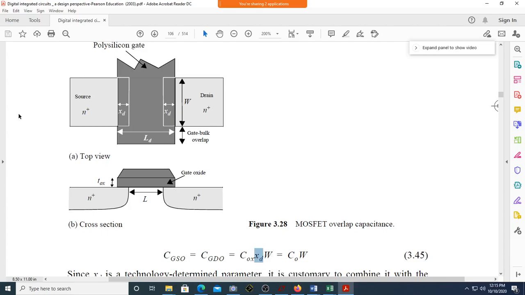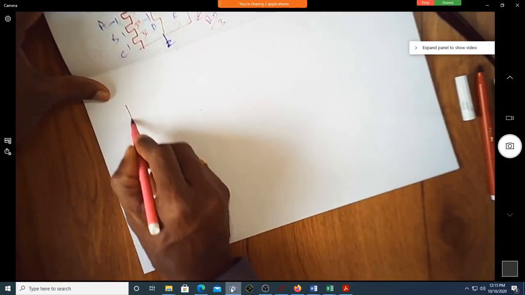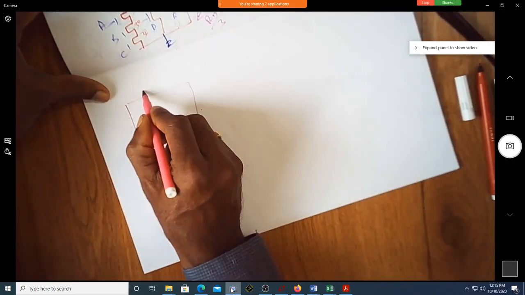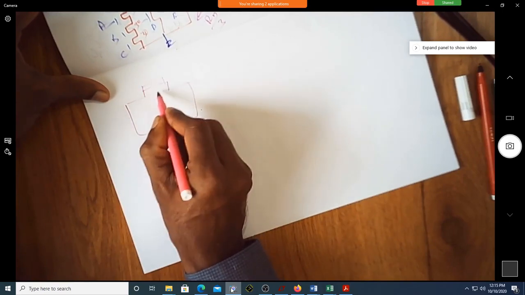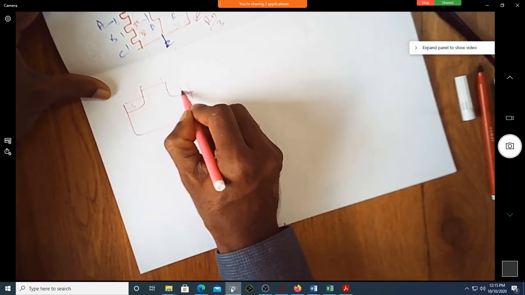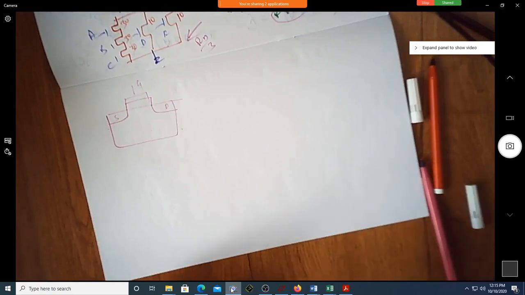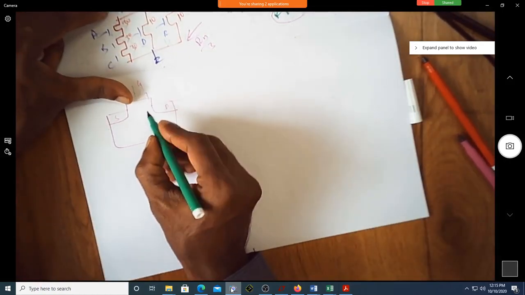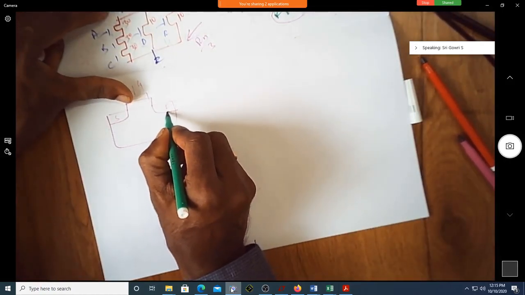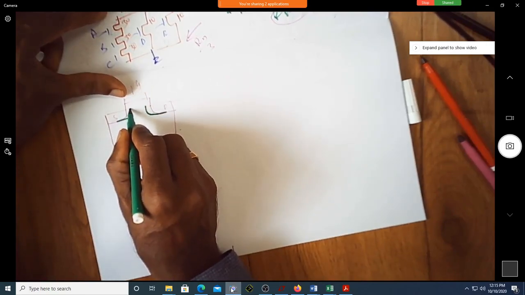Let me share the camera. What we wanted is a structure like this. This is my gate, this is source, drain, and this is gate. This is what we wanted. Actually, during fabrication, this slightly extends to this region, and this also extends to this region.